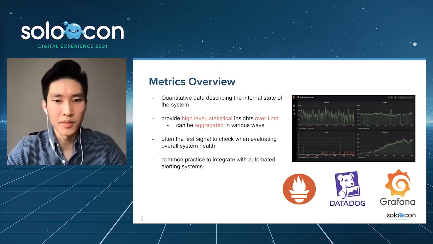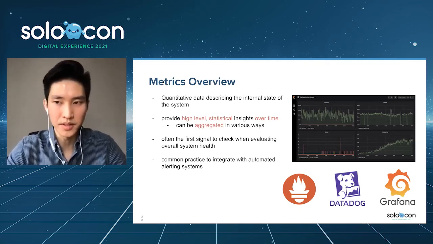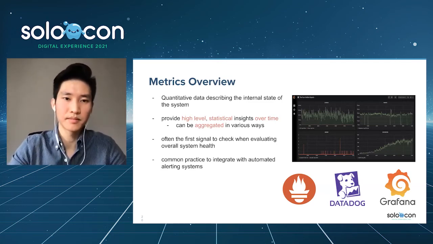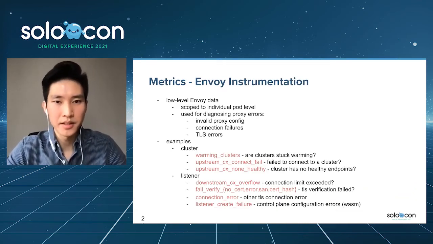In addition, it's common practice to integrate metrics with automated alerting systems. For instance, metrics for business critical services might be wired up to an automated system that pages an SRE that's on call if the percentage of failed requests reaches some critical threshold. Taking a look at Envoy's metrics instrumentation, they provide low-level metrics typically used for diagnosing proxy-level errors.